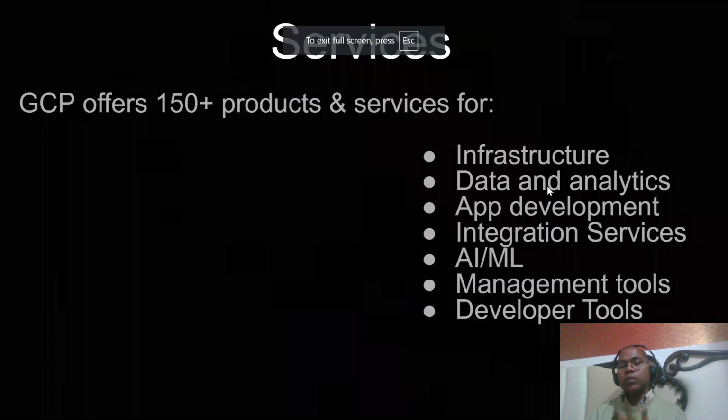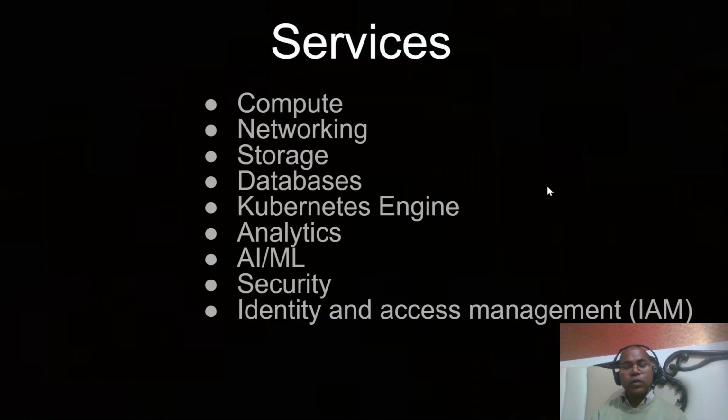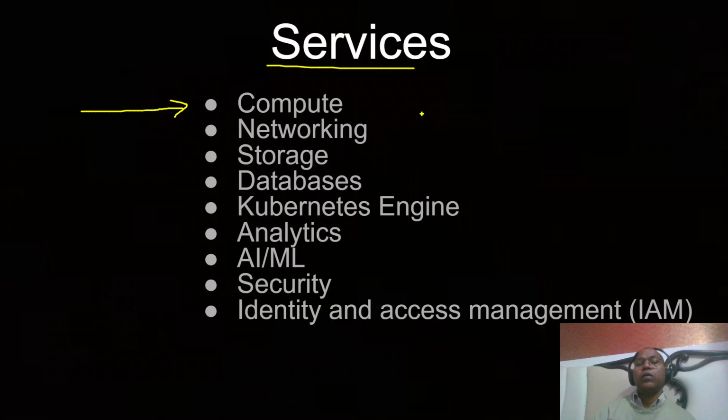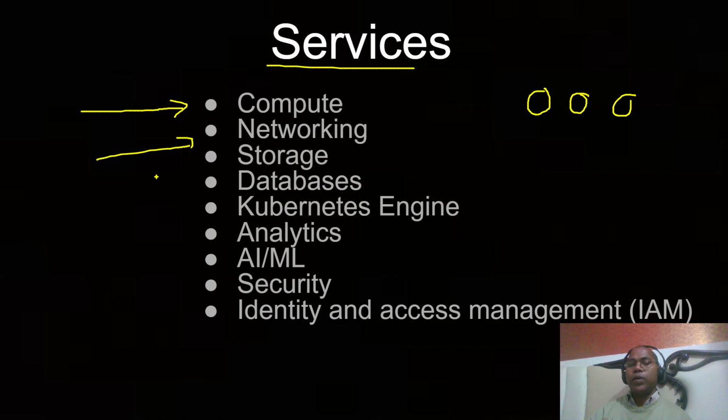lots of services, the basic services for any kind of cloud provider. First is computing, which is computer hardware, servers, everything. If there are lots of computers or virtual machines, then what are the networking concepts, how does networking happen: IP routing, firewall, VPC, everything.